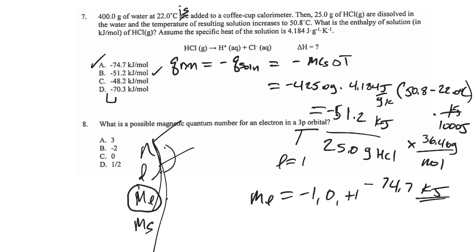So a possible M sub L value, a possible magnetic quantum number, could be 0, but it can't be minus 2, can't be 3, can't be a half. A half would be a possible quantum number if we're talking about the magnetic spin quantum number. And then it can't be 3 or minus 2. You'd have to have an F block or a D block to give rise to the possible M sub L's of 3 or minus 2.